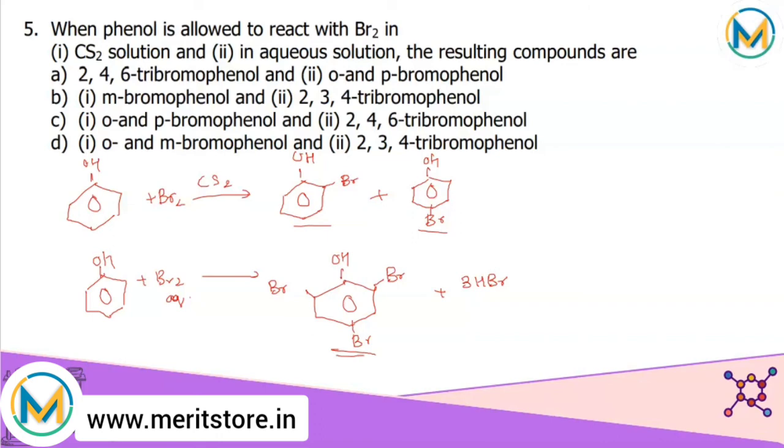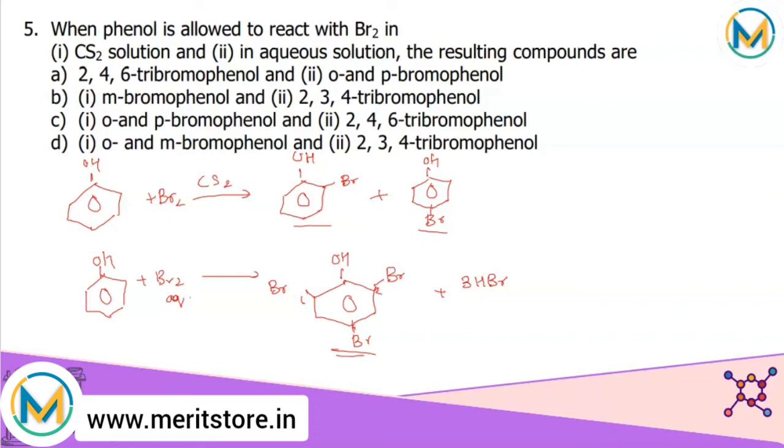The name of this compound is 2,4,6 tribromophenol, and this is ortho and parabromophenol.